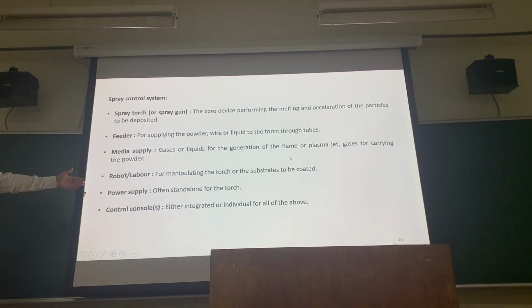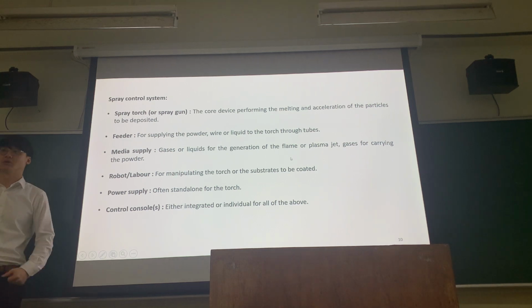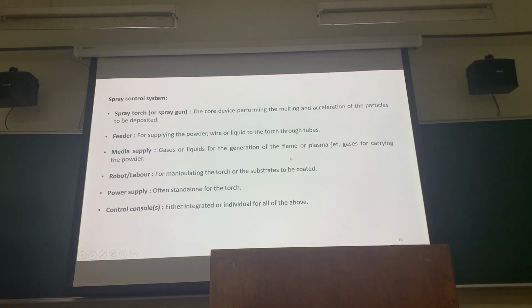And then you have the robot. If your lab is not as wealthy, a lot of times you will use a stage or a manual strategy to do your coating. If your lab has enough investment or expenditures, you can have a robot to do your dirty job. So that's cool.